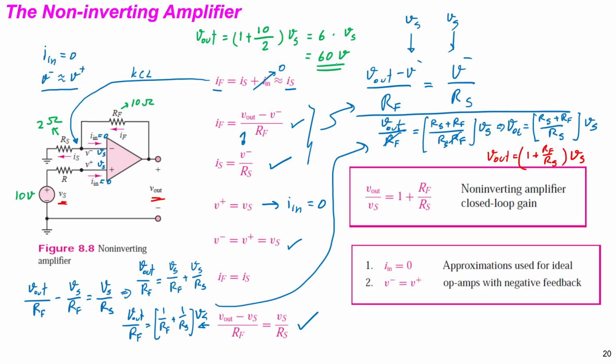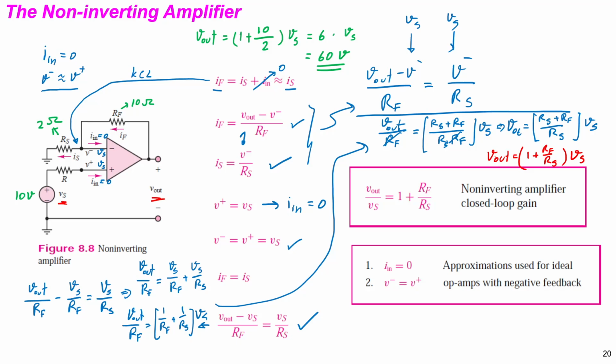So with 10 ohm and 2 ohm for RF and RS respectively, we increase the input by 6 times.